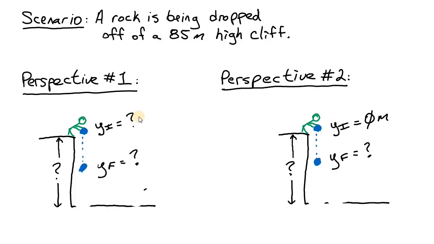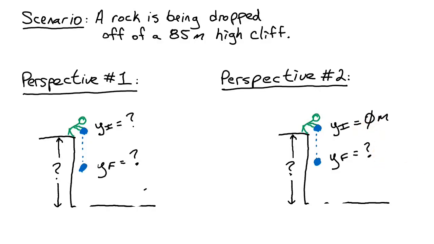In this situation, if you're saying this building is a certain amount of meters off of the ground, I don't know what that number is. So this is an unknown piece of information, and this is an unknown piece of information. And if we aren't given another piece of information in the problem, we won't be able to solve it. But with this perspective in mind, if you're not given height, you can at least say that the initial height of the object is 0 and it's going to drop down a certain amount.